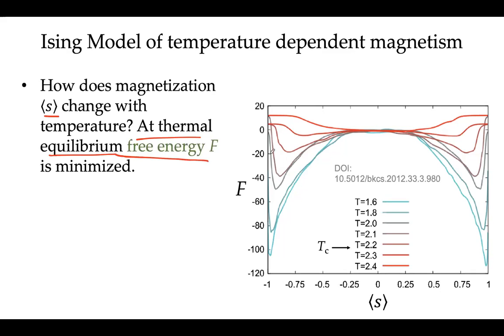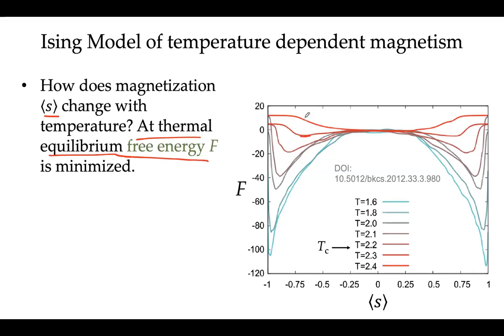What's shown in this plot is free energy versus magnetization. These different curves represent different temperatures. This one, for example, is the highest temperature, 2.4, and the cyan color is the lowest temperature. The phase transition happens around 2.2, so this curve is the one.